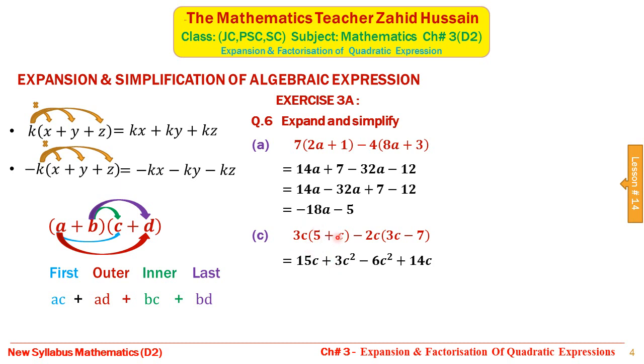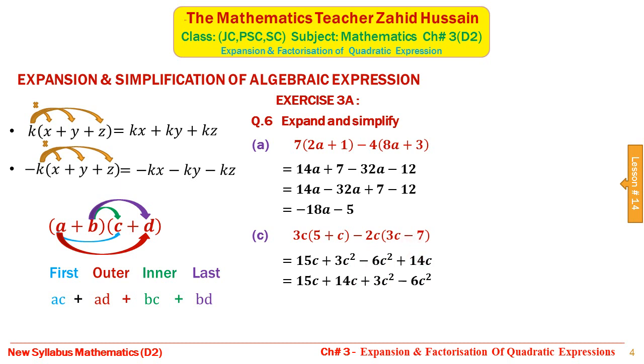When there is no number with the c, its coefficient is always 1. 3 multiplied by 1 is 3 and c multiplied by c is c square. We add the powers of the same letter in multiplication. Minus 2c multiplied by 3c is minus 6c square, and minus 2c multiplied by minus 7 is plus 14c.